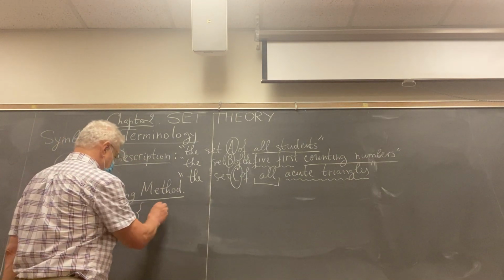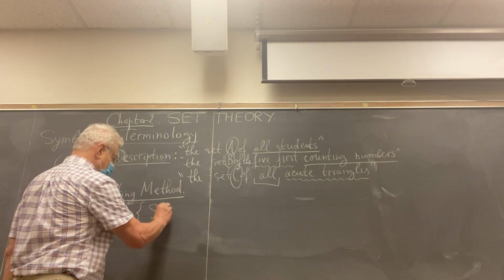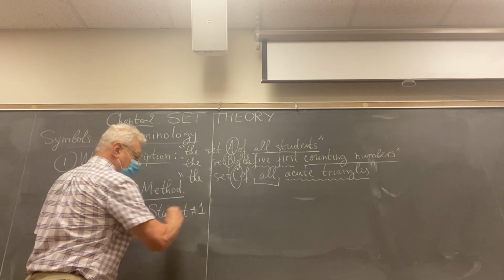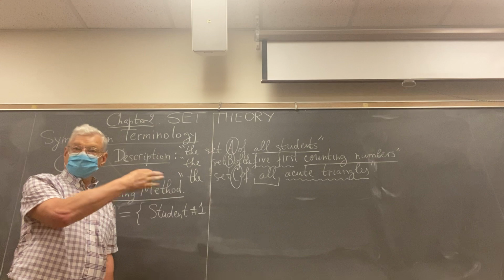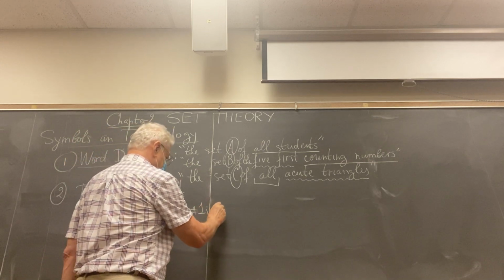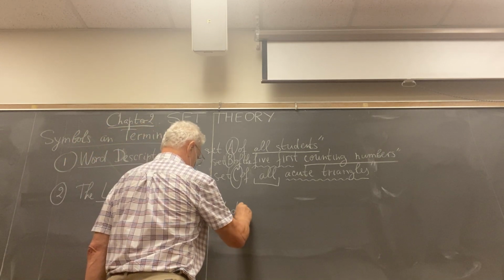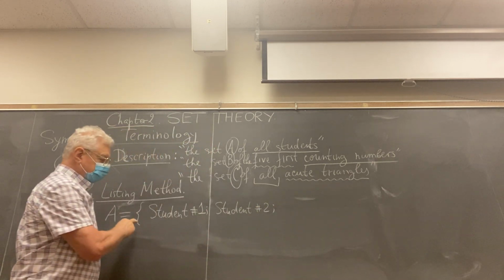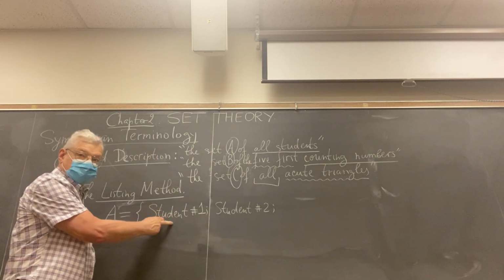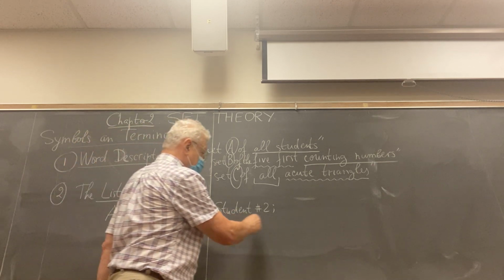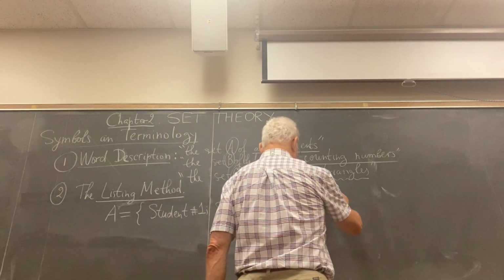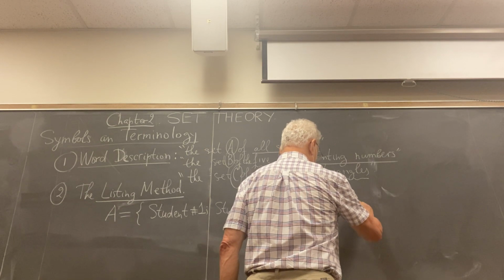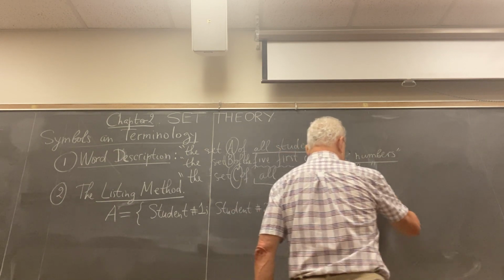I just write student number 1, with the name, first name, last name, and so on. Student number 2. In this case, elements are students. This is the first element, second element, and so on, and student number n.